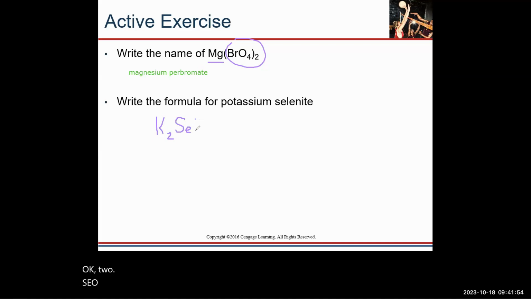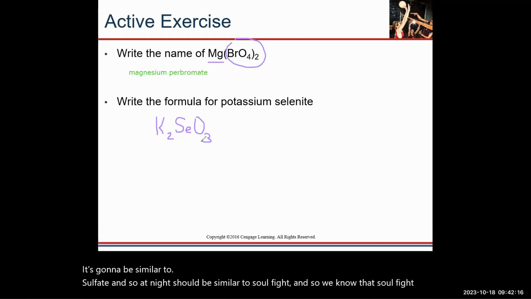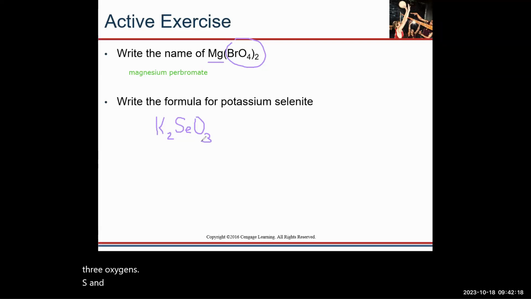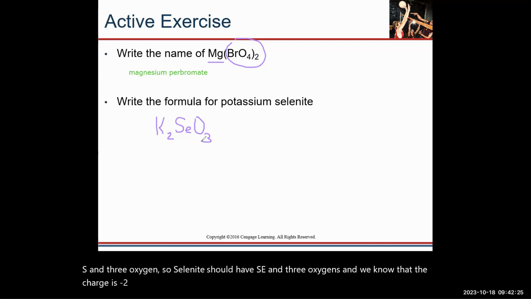We know that selenate is going to be similar to sulfate, and so selenite should be similar to sulfite. And so we know that sulfite has S and 3 oxygens. So selenite should have Se and 3 oxygens. And we know that the charge is -2. Good job.